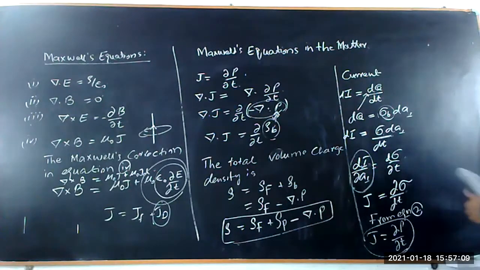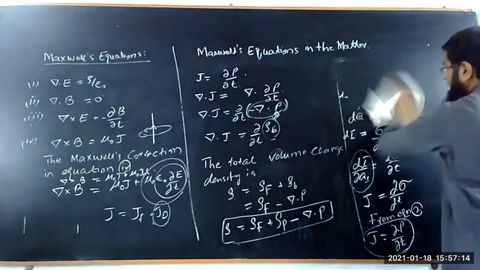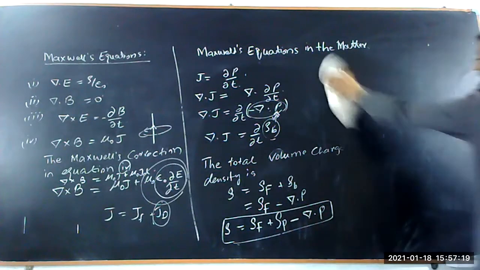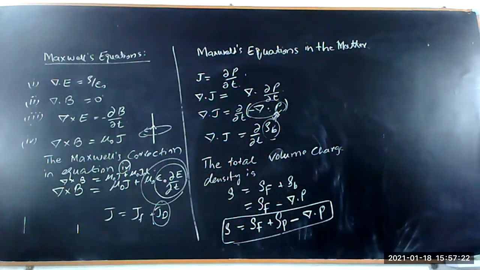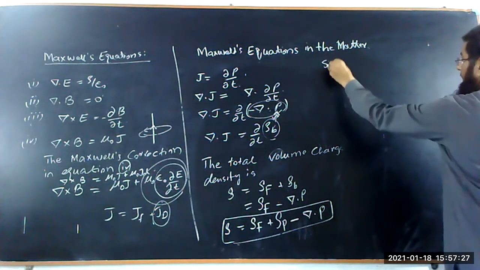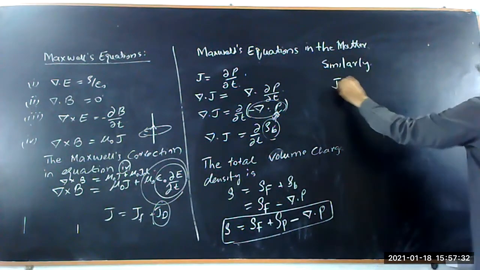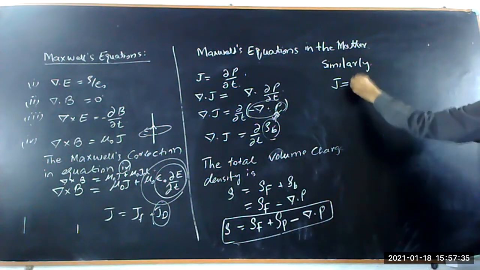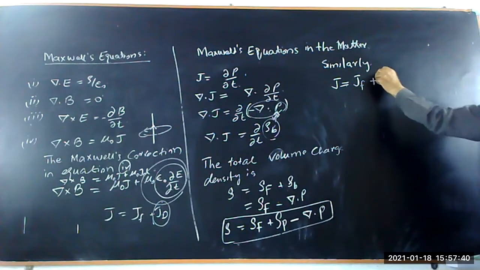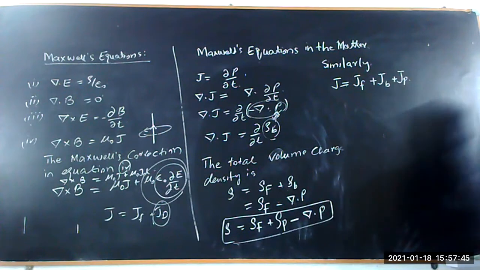Okay, so here we can rewrite this equation in the form of the currents. In the case of current density, similarly, J is equal to J of F, the current density due to the free charges, plus the current density due to the bound charges, plus the current density due to the polarization charges.